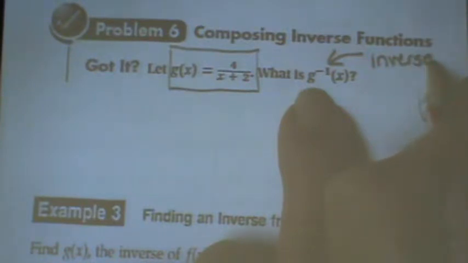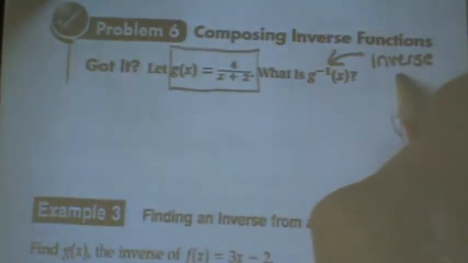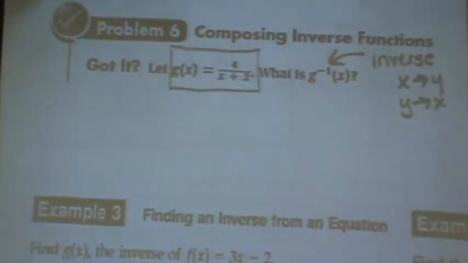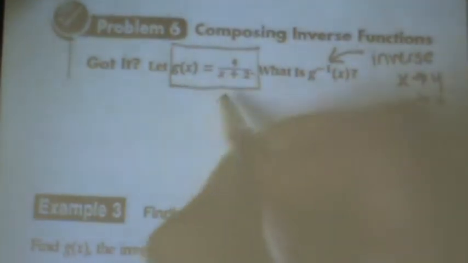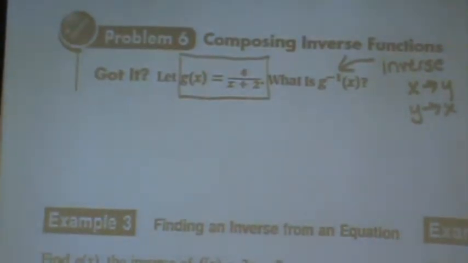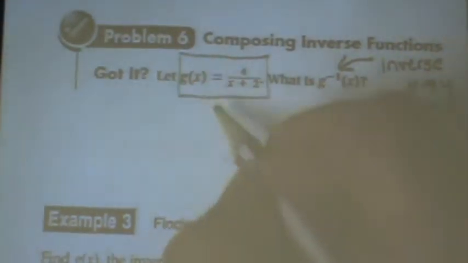How do you find the inverse? What you do is you switch: wherever you see an x, you put a y, and wherever you see a y, you put an x. And then you solve it for y. So now, where is your y value here? I see an x, but what's the y value? G of x is the y value.